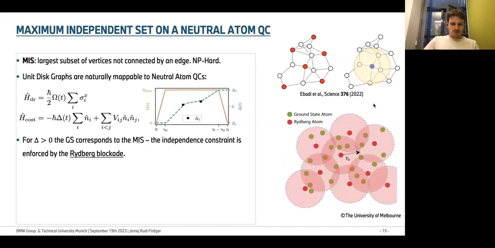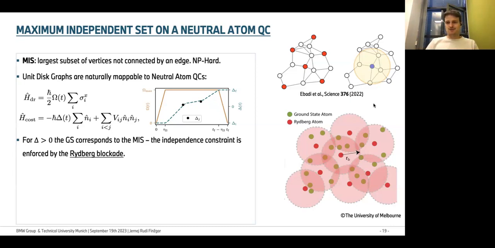And one very interesting property of Rydberg atoms, and in particular the interaction between Rydberg atoms, is that if you have two such atoms in close proximity to each other, only one of them will be able to go into this highly excited state at the same time.